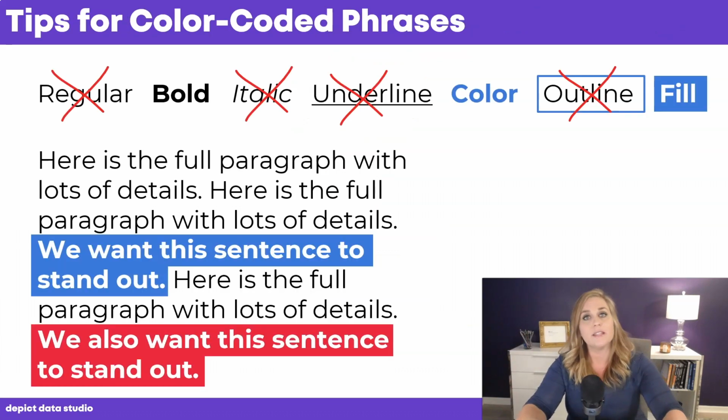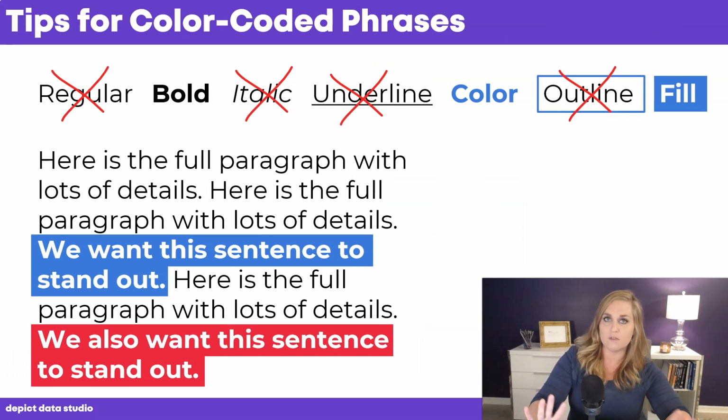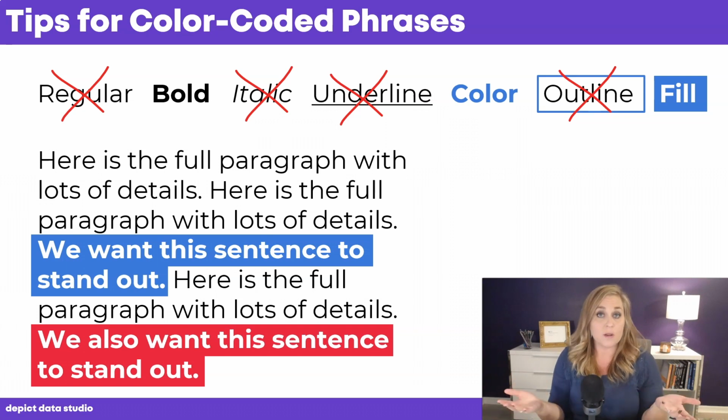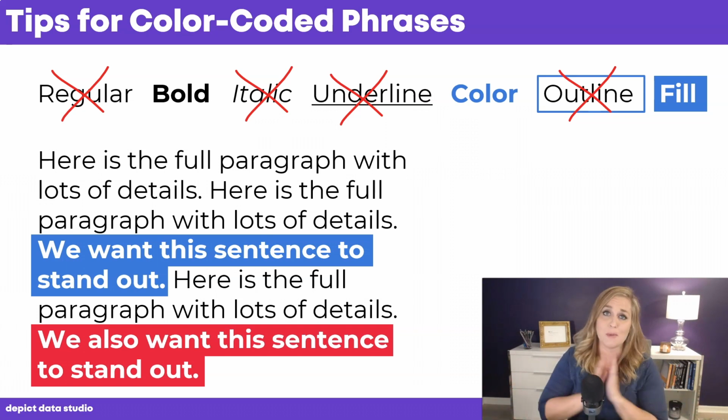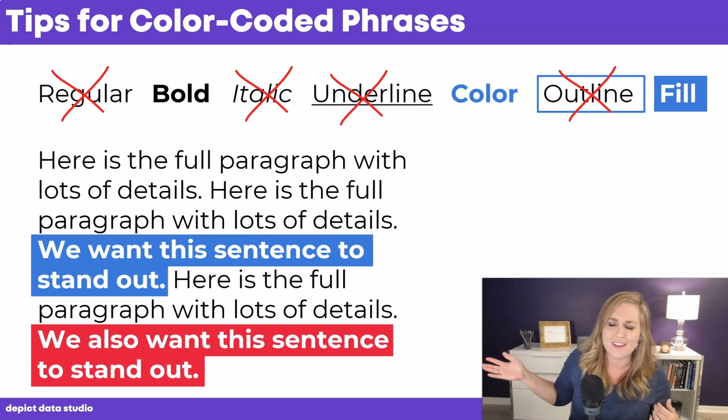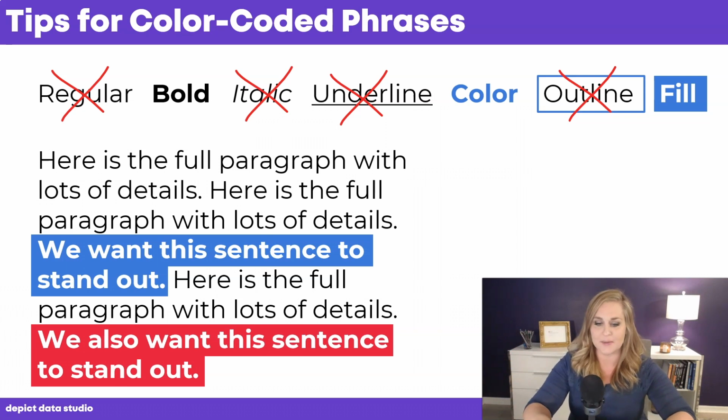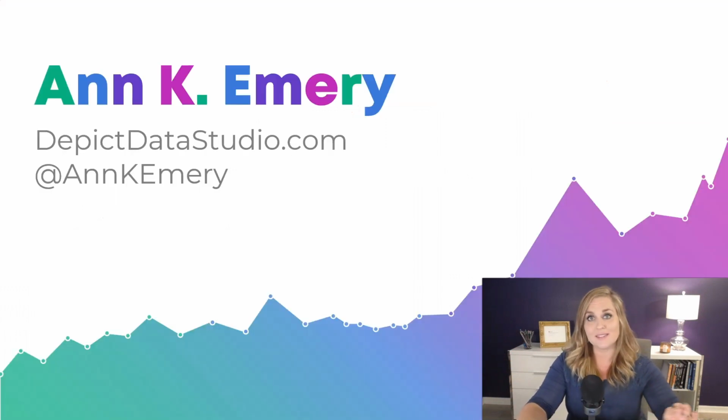And I hope you really liked seeing all of these techniques for regular versus bold versus italic versus underline side by side to figure out which ones you think are most powerful. And again, I'm a big fan of bold or color or fill, but not all of these all at once. Totally unnecessary.